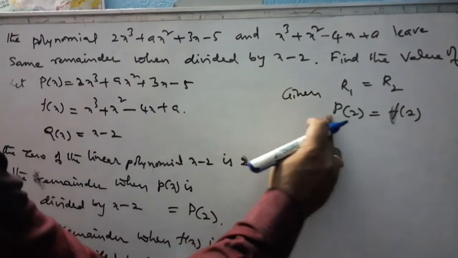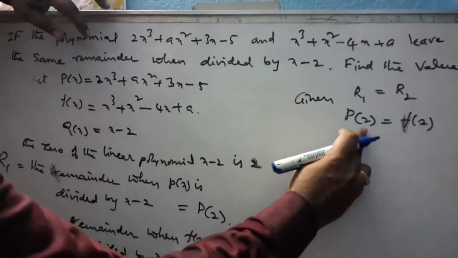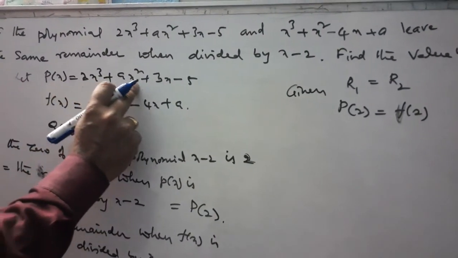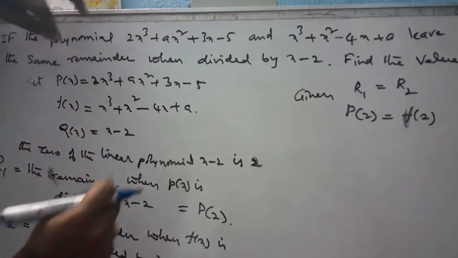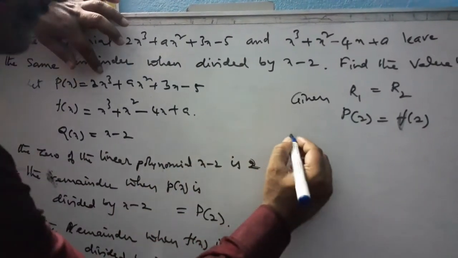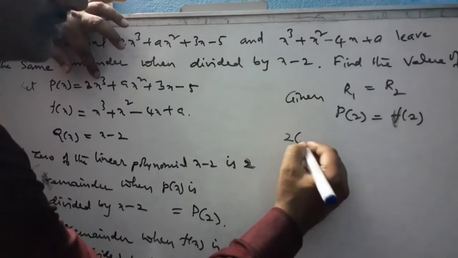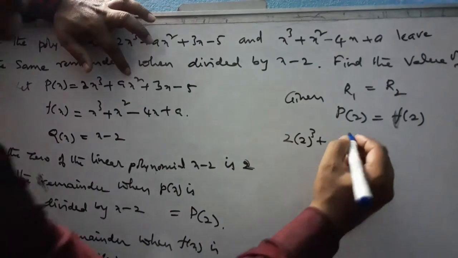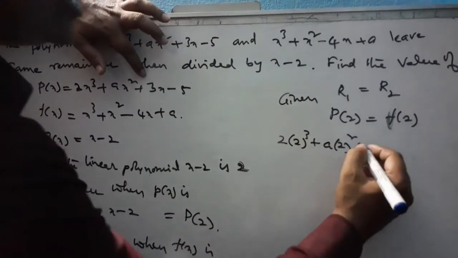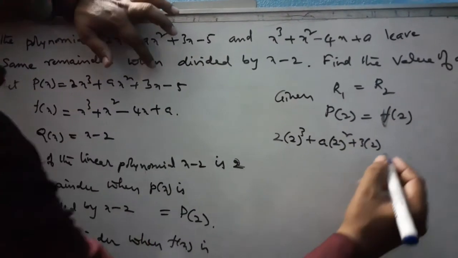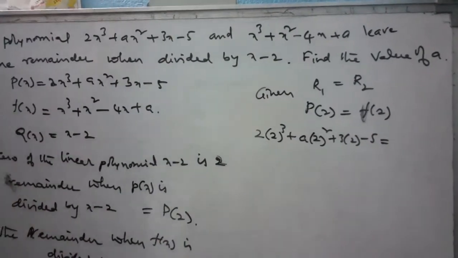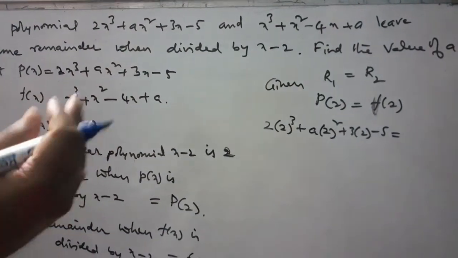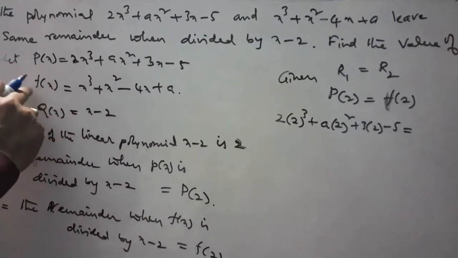So for p of 2, we have to replace x by 2 in p of x. What is p of x? 2x cube plus ax square plus 3x minus 5. So substituting here, we will get 2 into 2 cube, plus a into 2 square, plus 3 into 2, plus minus 5, is equal to, we have to substitute for f of 2. f of 2 means replace x by 2 in the polynomial f of x.